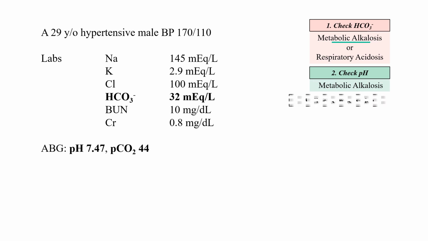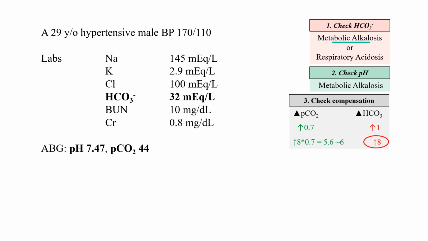Step 3. Check compensation. For metabolic alkalosis, every 1 increase in bicarbonate would result in an increase of 0.7 in PCO2. Since serum bicarbonate increases from the normal 24 to 32, or an increase of 8, PCO2 should increase by 8 times 0.7, or 5.6, or approximately 6.